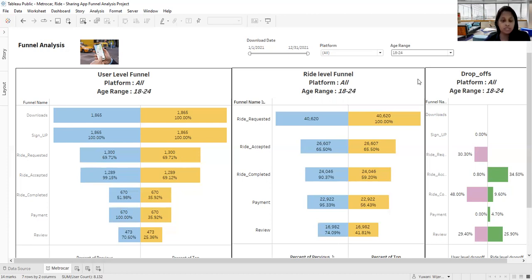The fourth business question is: if you want to adopt a price surging strategy, what does the distribution of ride requests look like throughout the day?